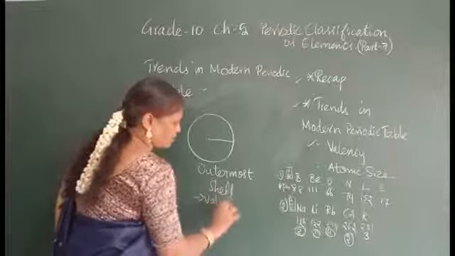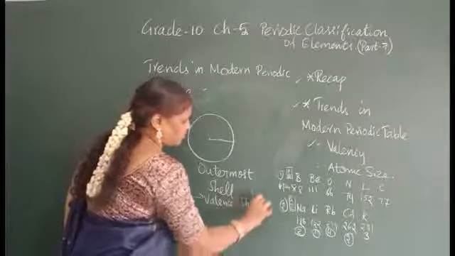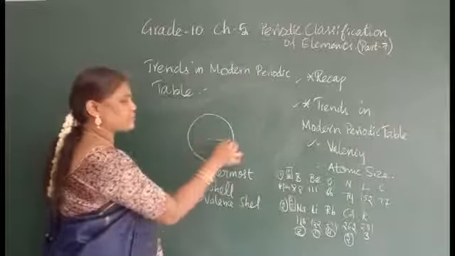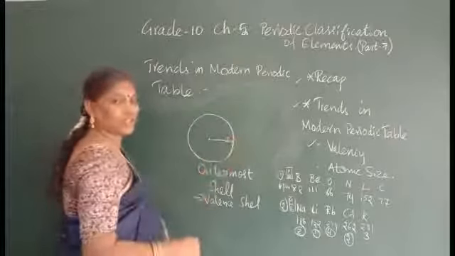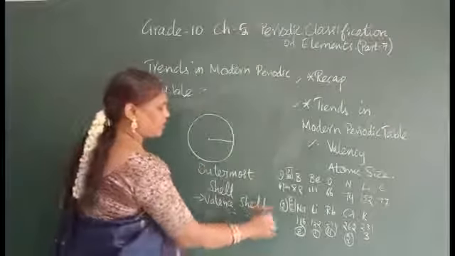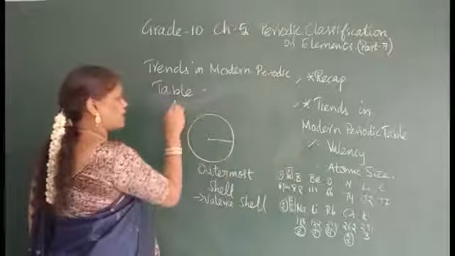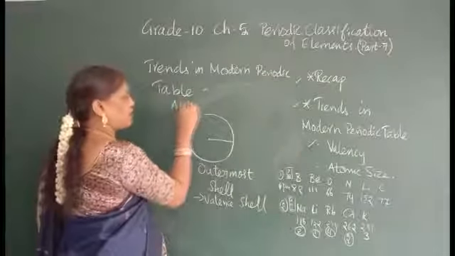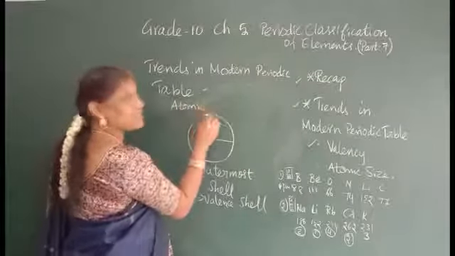The distance between the nucleus and the outermost shell is called the atomic radius, and that is determined as the atomic size.